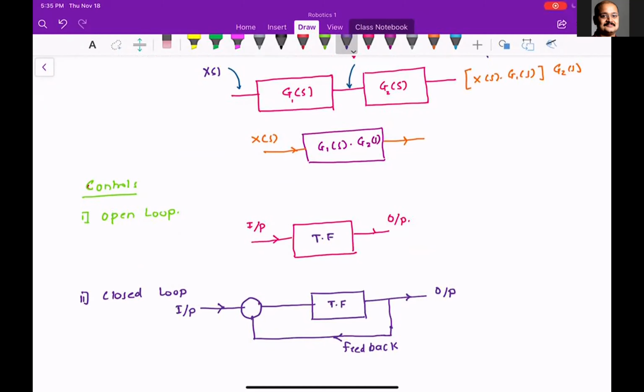To give you an example, look at the 3D printers that you have. Those 3D printers have stepper motors. Stepper motors don't have any sort of feedback mechanism. You send a step command, and the stepper motor steps through that command.